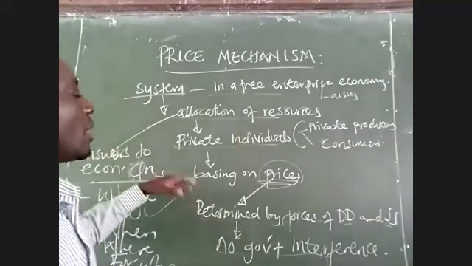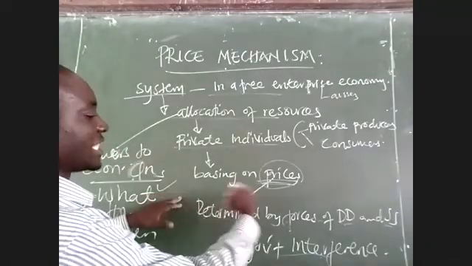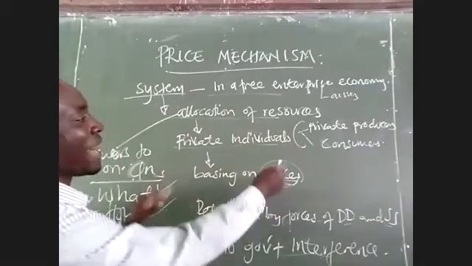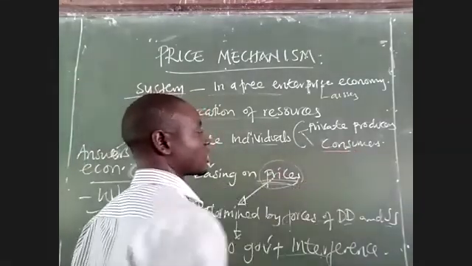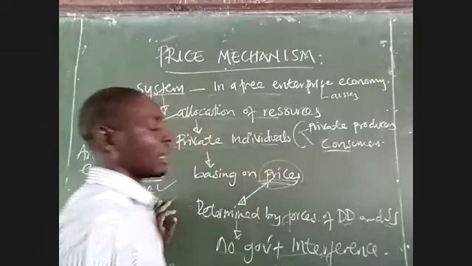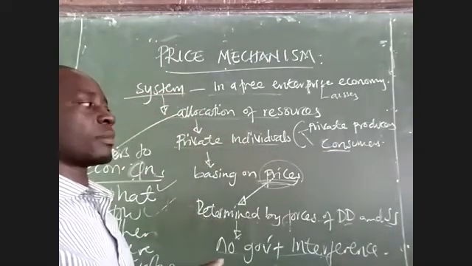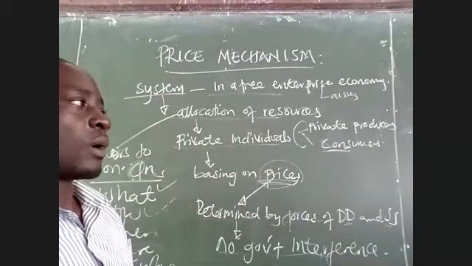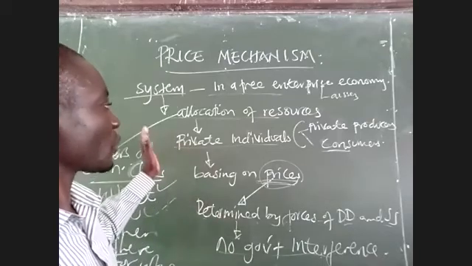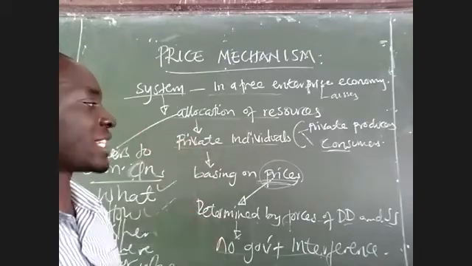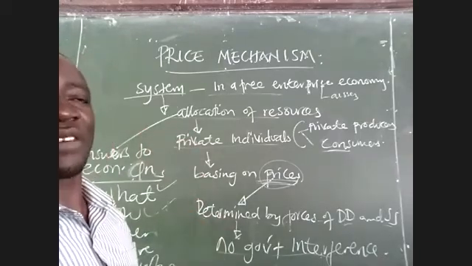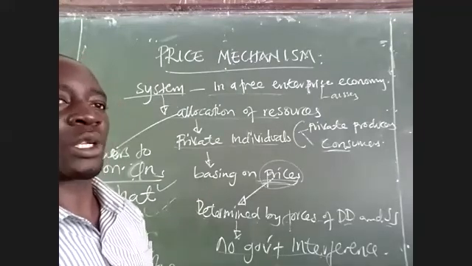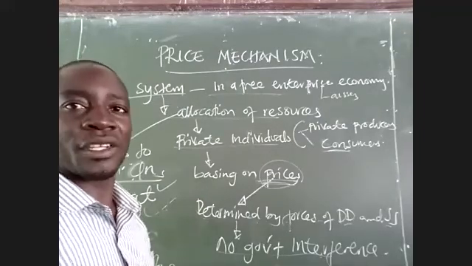Then the producers aim at profit maximization. Then consumers aim at satisfaction, in other words, maximizing satisfaction. Then there is free entry and exit of firms, that firms are free to enter production and free to leave production of a particular commodity.